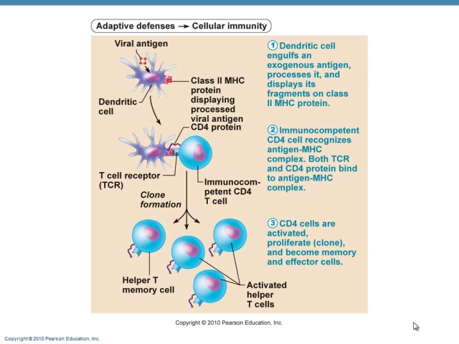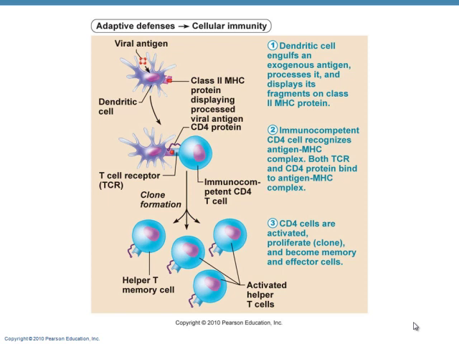So when I dock with that dendritic cell that has a viral antigen, and again, think of antigen, what's being presented on MHC class II, antigenic determinant, is going to dock with immunocompetent CD4 positive T cells. What the heck does that mean? What's an immunocompetent cell? It recognizes self-antigens.